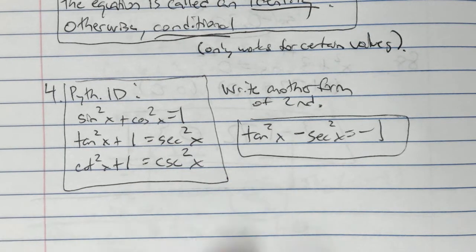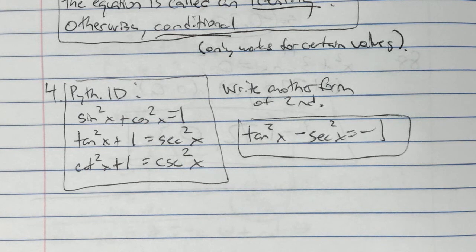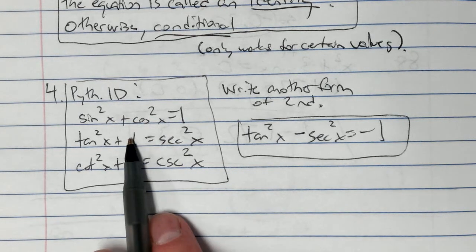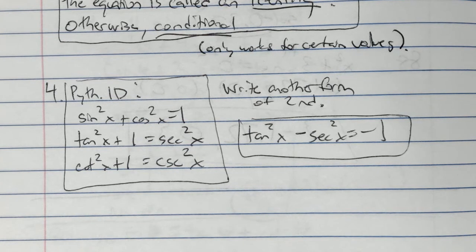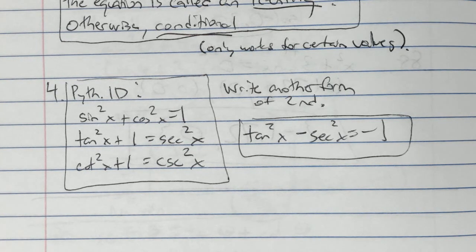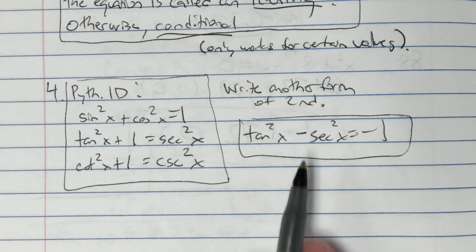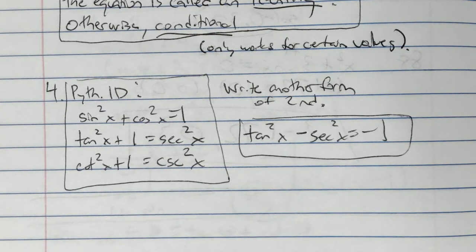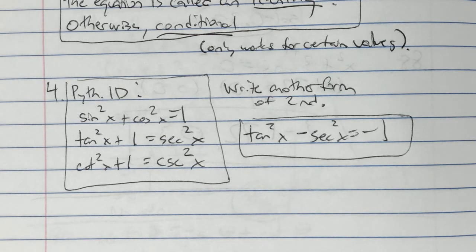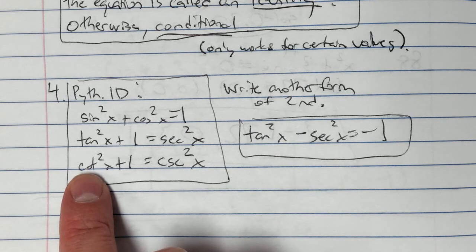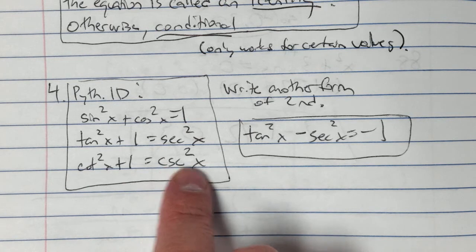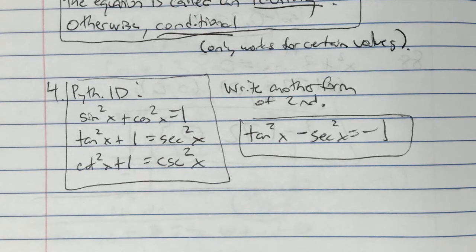So that's just another form for it. Again, this involves algebra because we're subtracting 1 from both sides and then subtracting another term from both sides. We're only going to do one example for that. But if you solve for cotangent squared, you'd move the 1 over, it'd be cosecant squared minus 1. Yeah, all your combinations. All right.